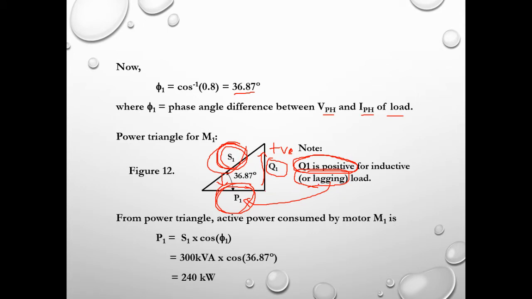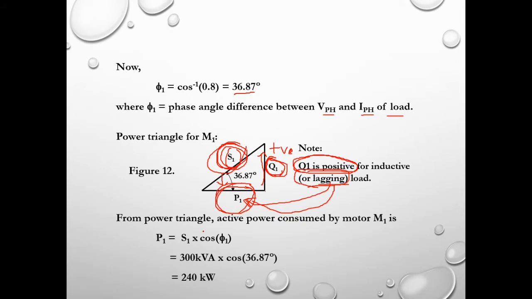Lagging reflects the position of P1. Lag behind means Q1 is higher, and thus Q1 is positive.